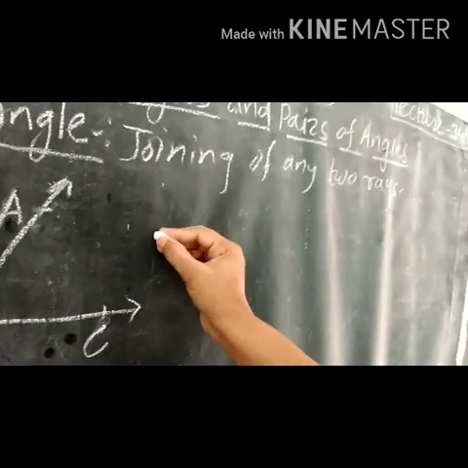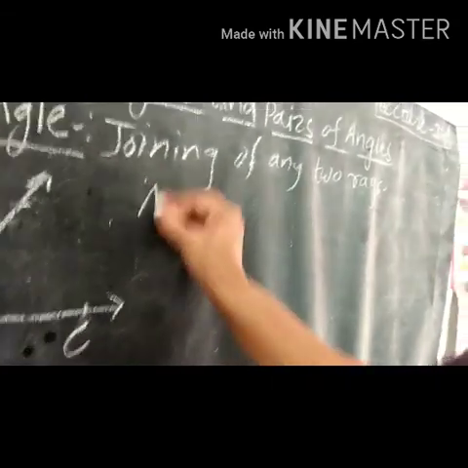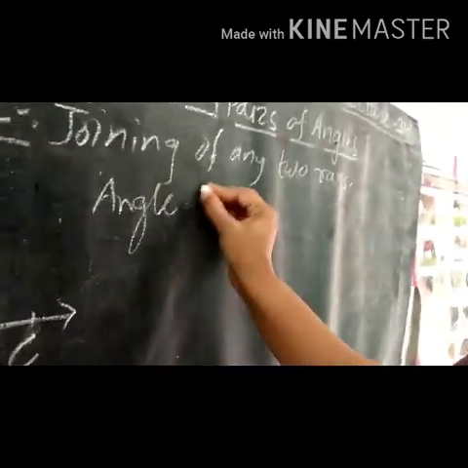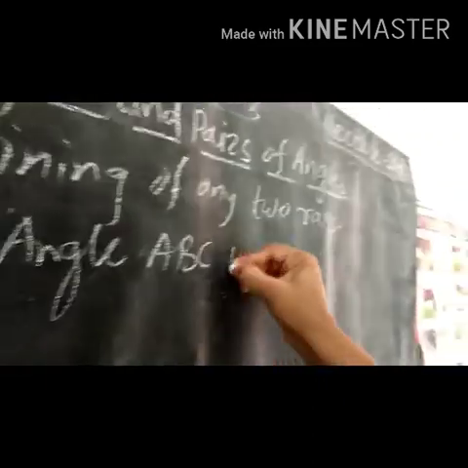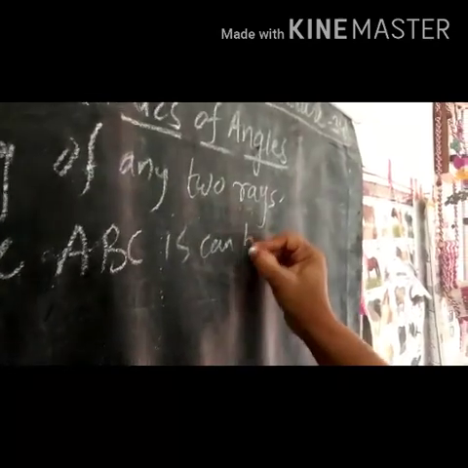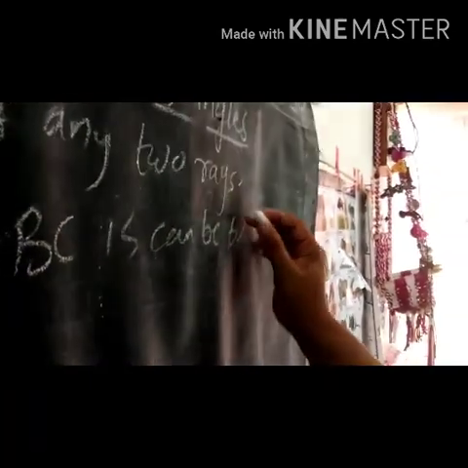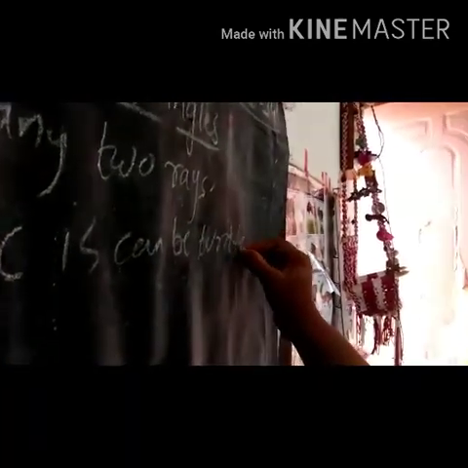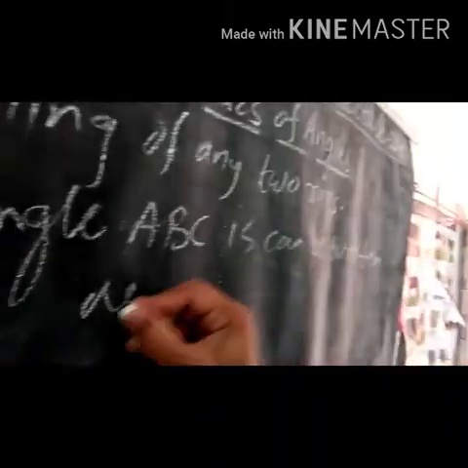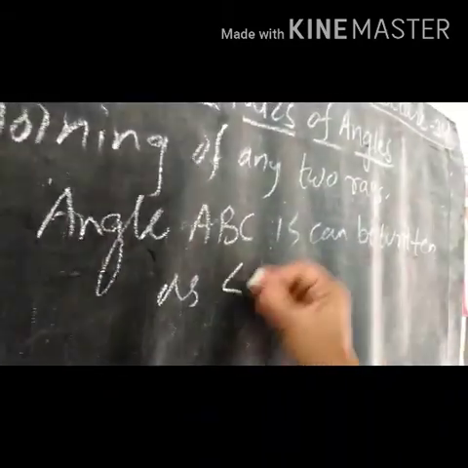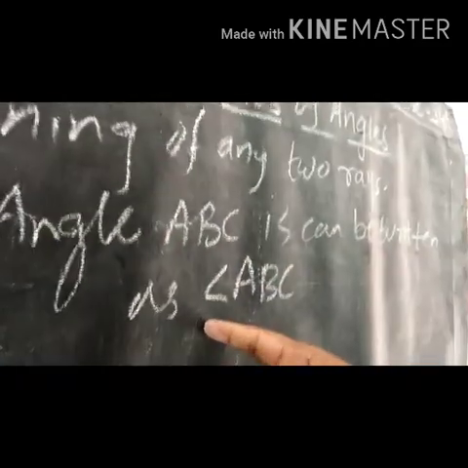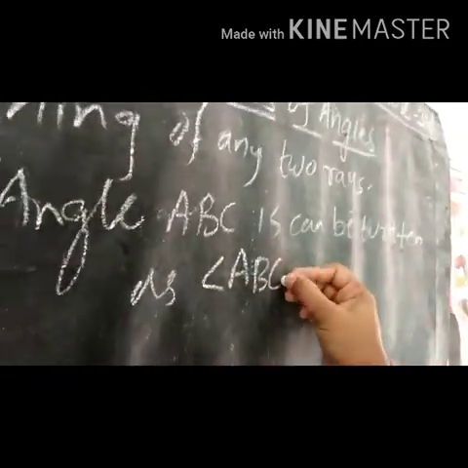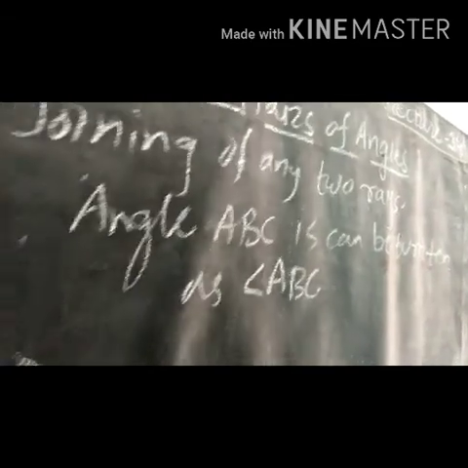Angle ABC. It can be written with the symbol angle ABC. This symbol we use for angle. Okay.